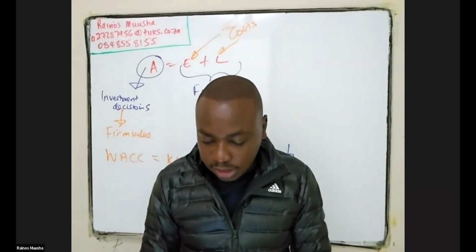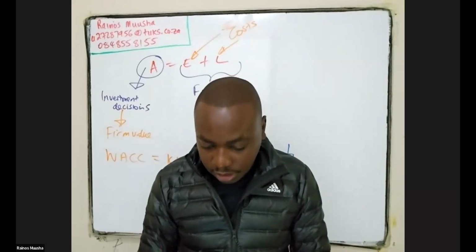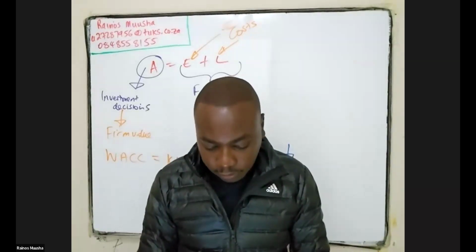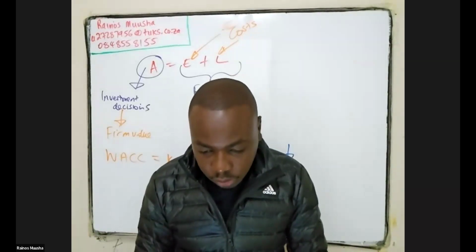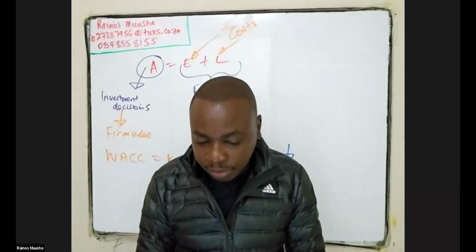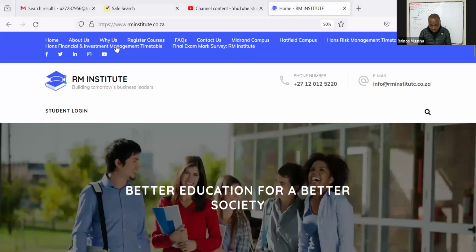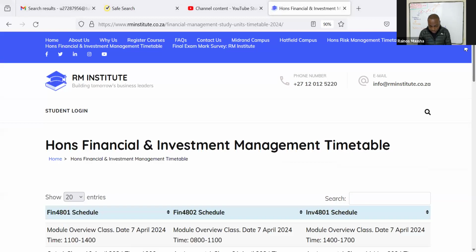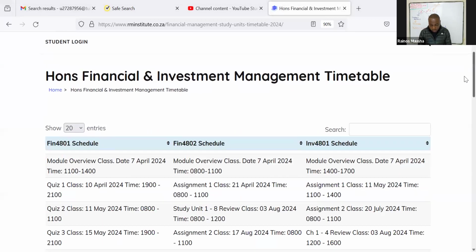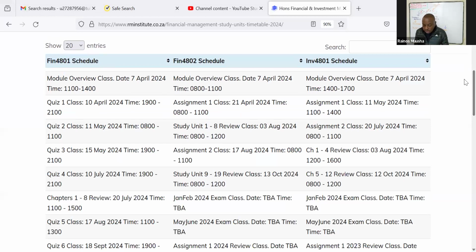So when you look at the timetable for FIN4801, you see that the timetable is already posted on the website. And when it comes to the timetable, you see that for FIN4801, we're going to be having a class on the 10th.